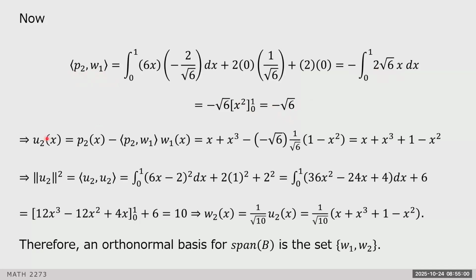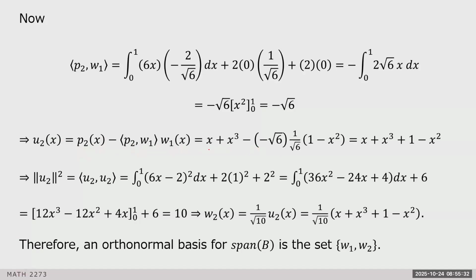Okay, so now we could go back to our formula. U2, we are at level 2, means I'm using the second one on my list, which is P2. I'm going to subtract from it the inner product of P2 with all the W's I have before. So the inner product of P2 with W1, I'm going to multiply that by W1.